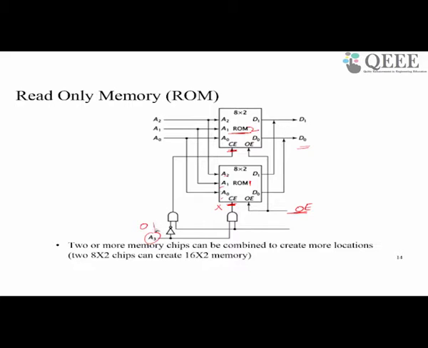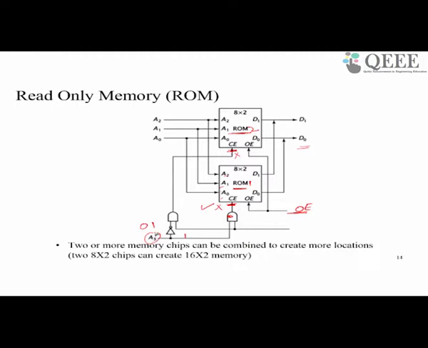On the other hand, when A3 becomes 1, then this ROM will not get selected, whereas this gate is enabled and this ROM gets selected, and based on the values A0, A1, A2, one of these locations will get selected and the corresponding data will be available.